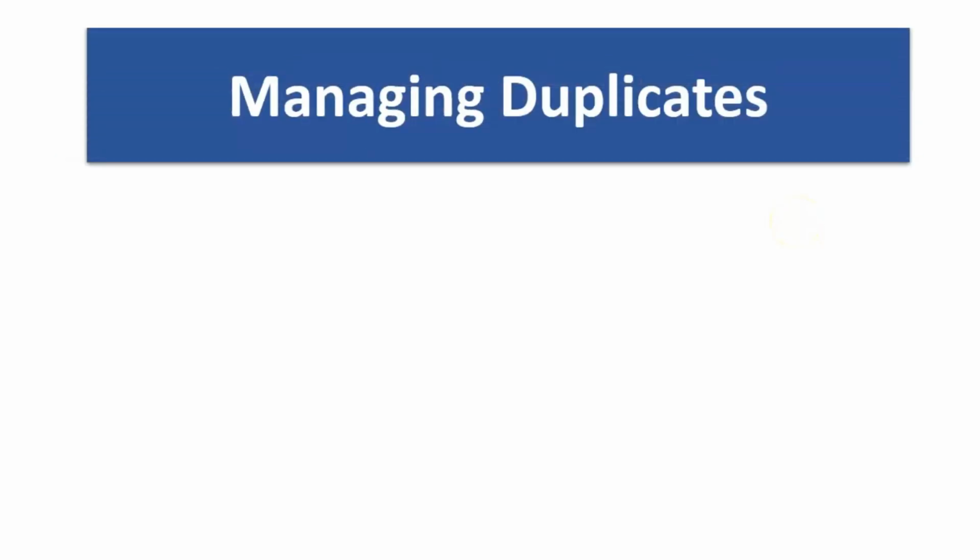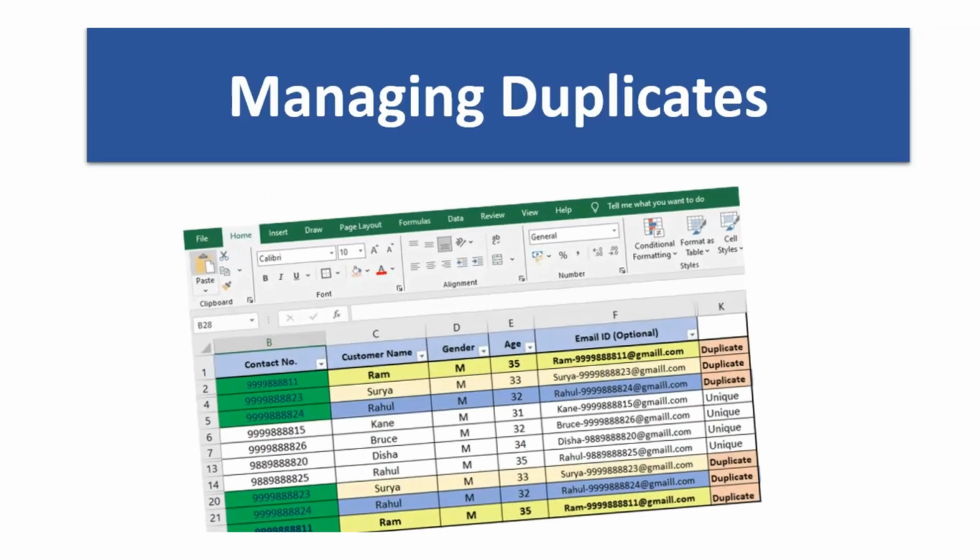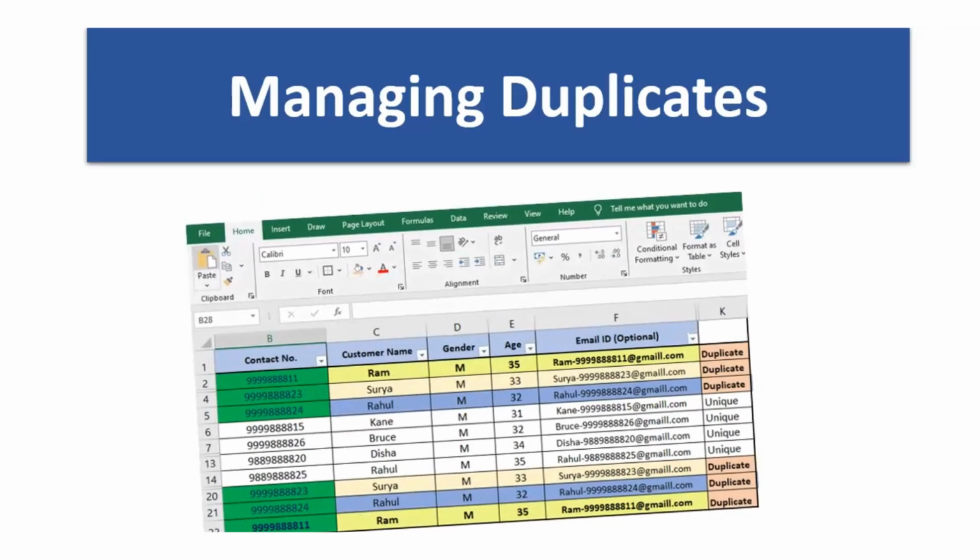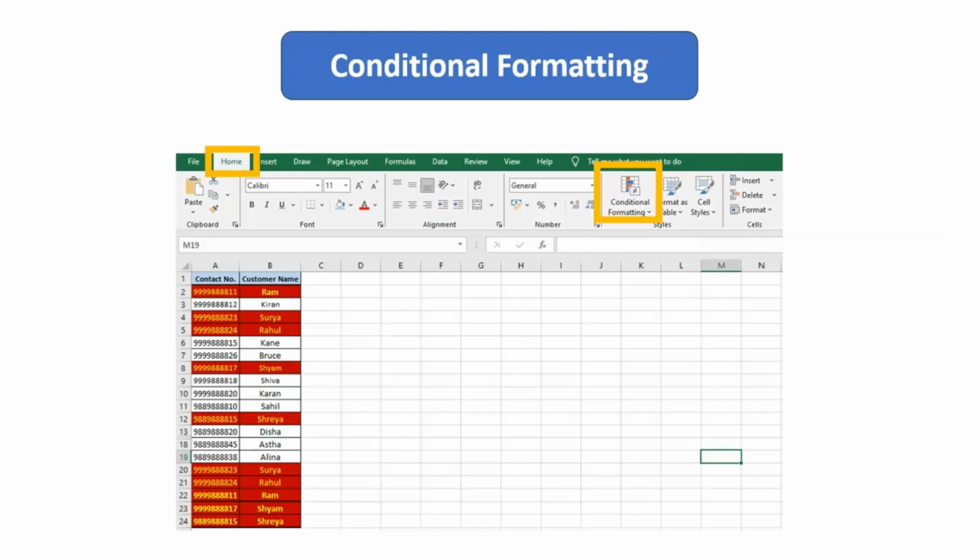In this session, we will learn how to handle or manage duplicate data scenarios in any given Excel data sheet, starting with conditional formatting. Conditional formatting helps in highlighting duplicates in a given data set.